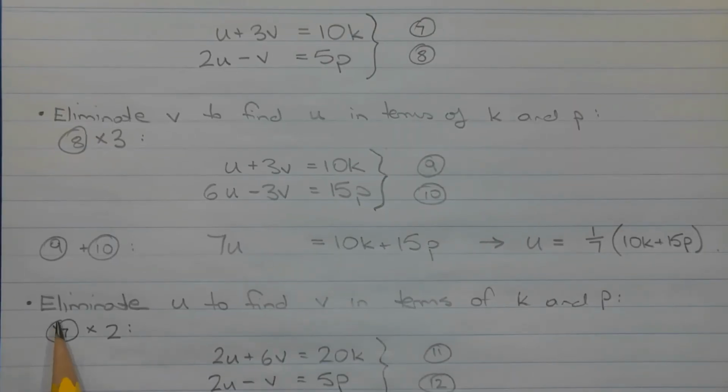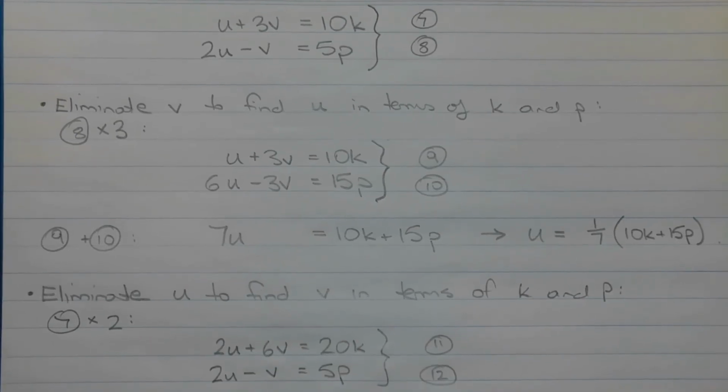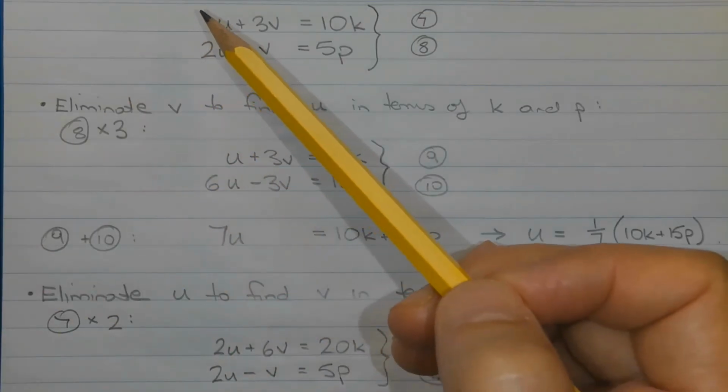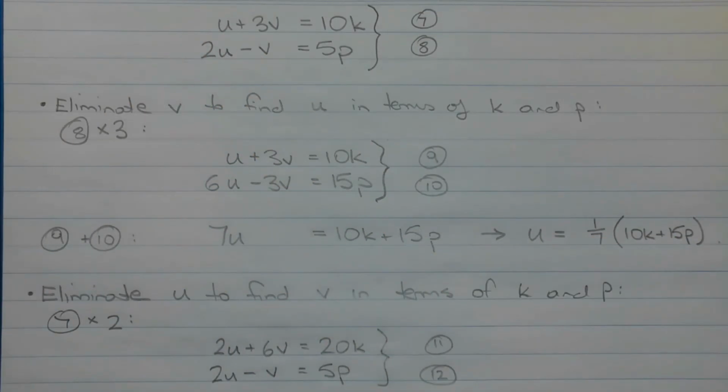The next step is to eliminate u to find v in terms of k and p. And we can do that by taking equation number 7 and multiplying all terms by 2. So we have a term involving 2u in both equations, and then we can eliminate u to find v in terms of k and p.